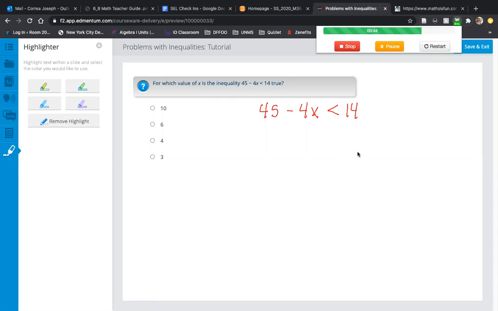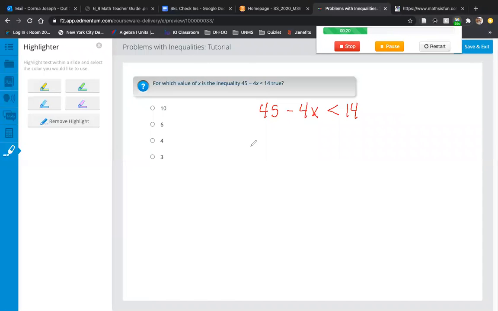So Alpha, you got it. AJ, you got it. Jaden, you got it. Jing Hao, yes, that's it. And again, just be careful with the inequality sign. In this case, we're actually talking about less than instead of greater.